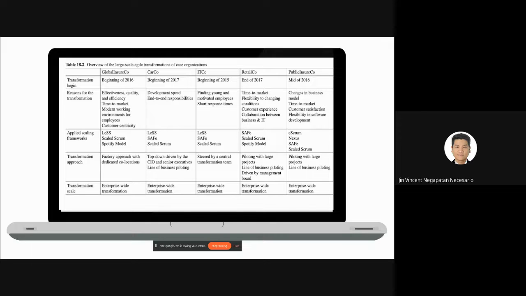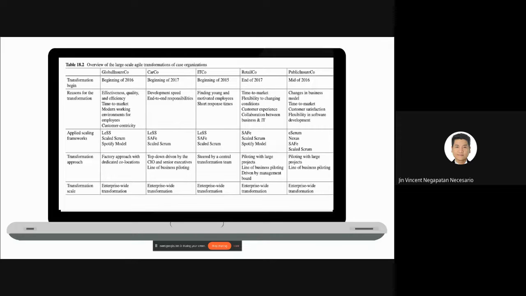And another difference is, for example, in a small team, usually teams are focusing on delivering the project.